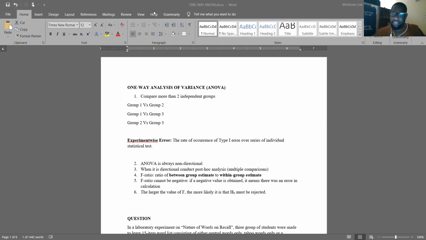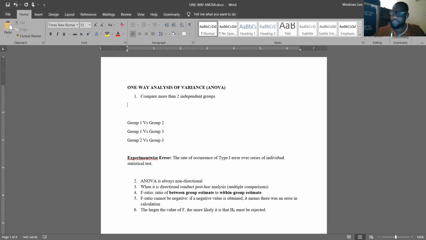So let's assume that you have three groups: Group 1, Group 2, and Group 3. These are the key groups that you have, and they are different from each other.